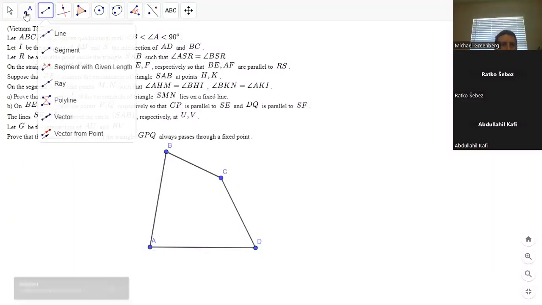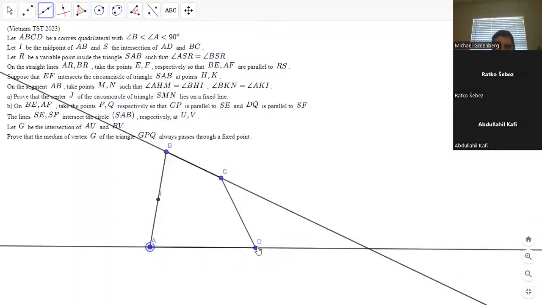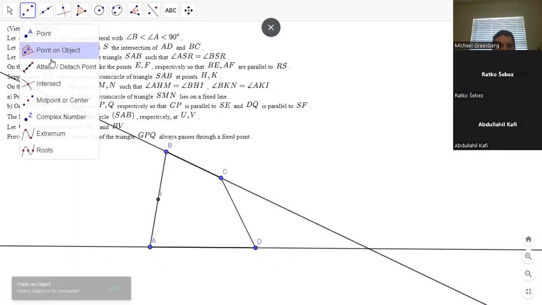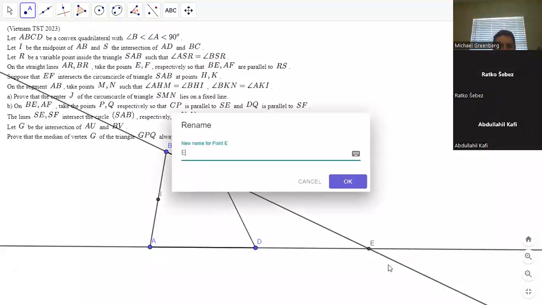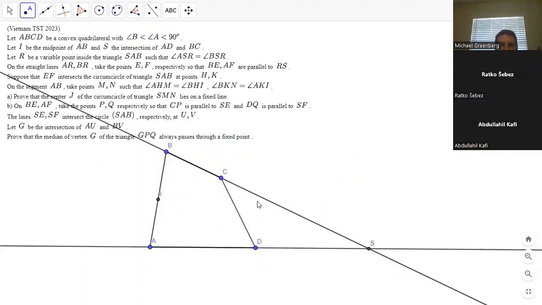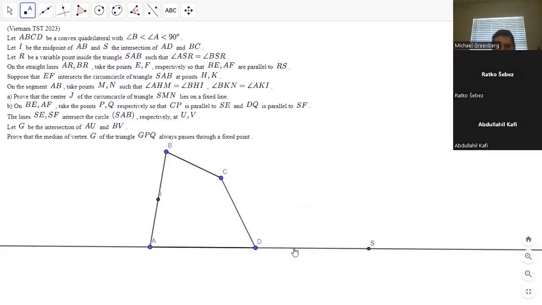So I is the midpoint of AB. This is I. And S is the intersection of AB and BC. Looks a little like the Gauss line, maybe. This is S. And R is inside triangle SAB, so that ASR equals BSR on the bisector.